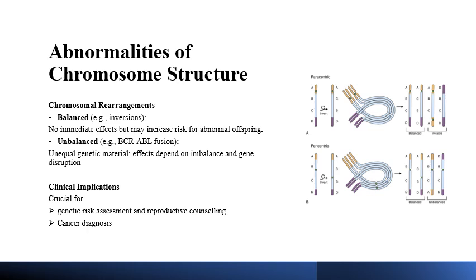Structural abnormalities occur when chromosomes break and rearrange. Deletions and duplications lead to imbalances in gene dosage, while translocations can disrupt normal function. I will be going through the two different types of translocations in the next few slides.